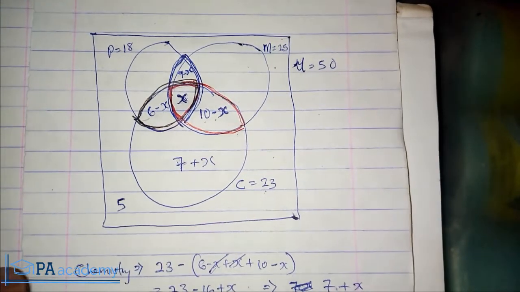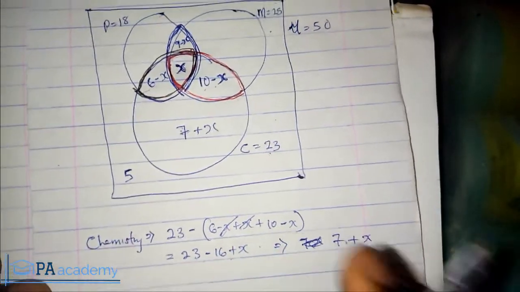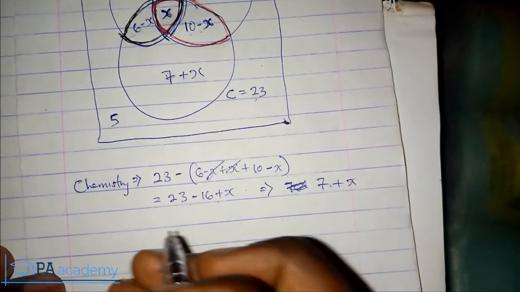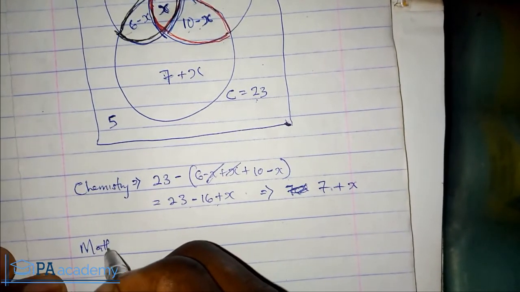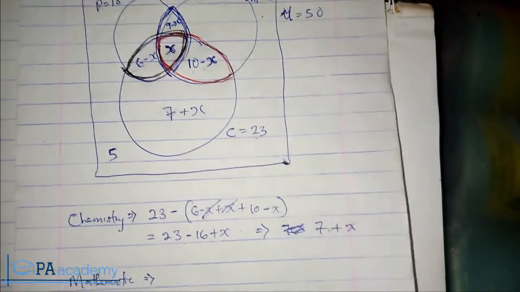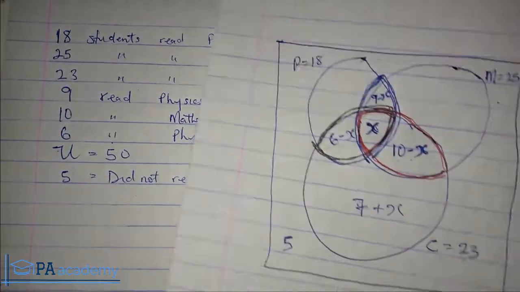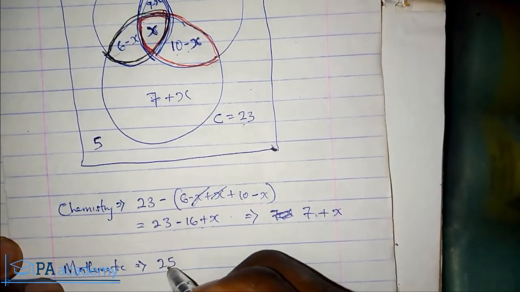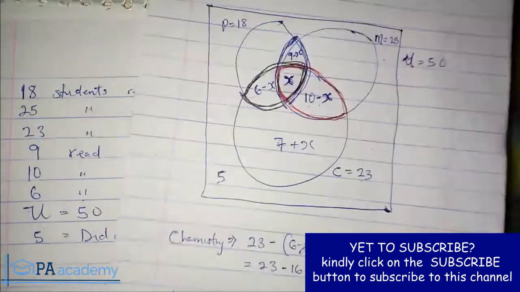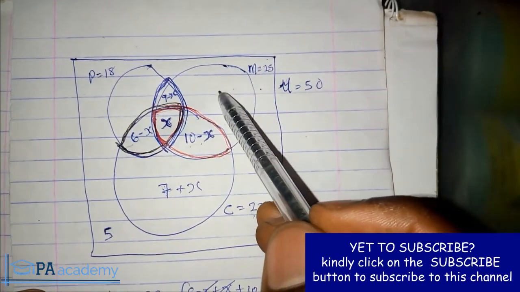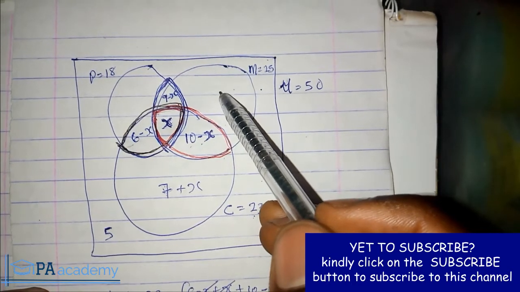So now let's do the same thing for the next one, for mathematics. For mathematics, we are told that 25 students read mathematics. Out of that 25, we are trying to get those that read only mathematics.